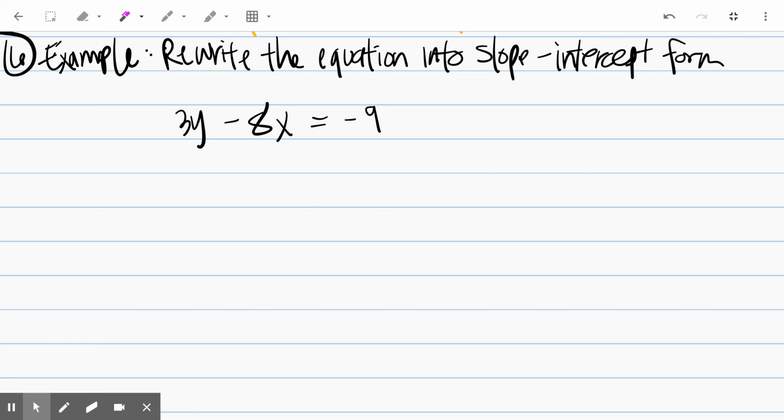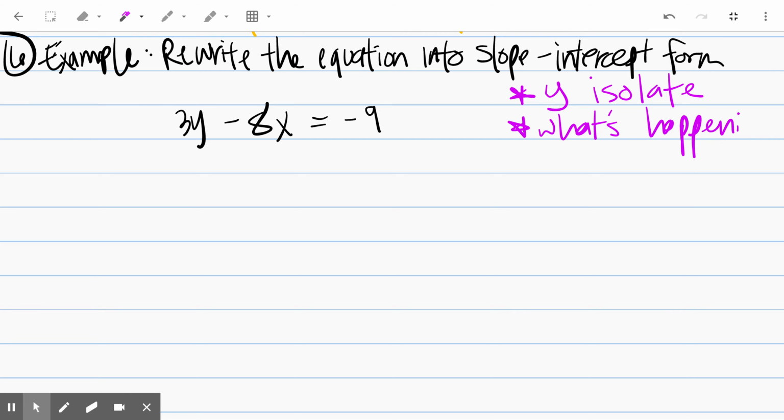Okay, so again, keep in mind, our goal is to get y isolated. So I'm going to look at what's happening to y, and then do the opposite, inverse operations.